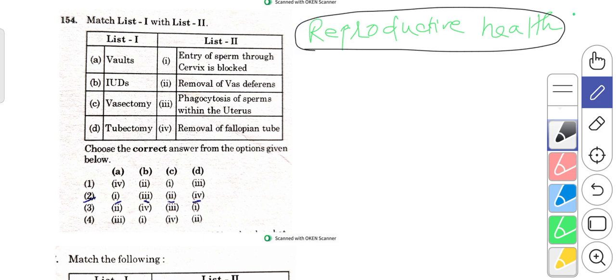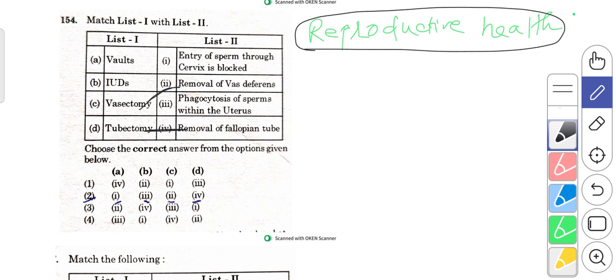The first one is walls. What are these walls? Before that, let's know these simple things, vasectomy and tubectomy. Vasectomy, as you all know, is a male operation, commonly called an operation, where we remove the vas deferens. Tubectomy is usually seen in females, called the female operation, where you remove the fallopian tubes. So C is 2, then D is 4.